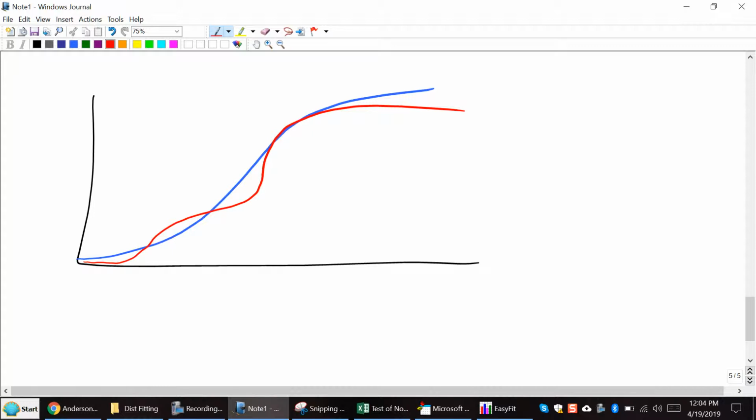Your Anderson-Darling test takes the integral between the two and squares it, which makes sure all of your areas add up. And that's your test statistic for the Anderson-Darling test. So it's a little more sophisticated, a little more in-depth.